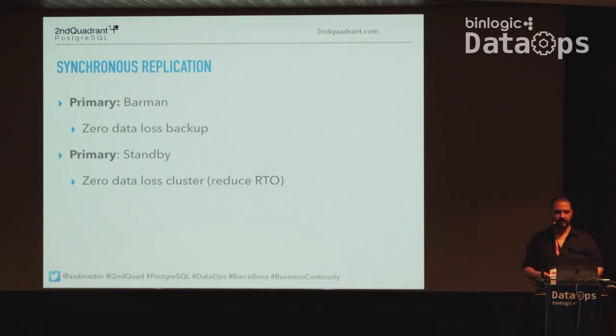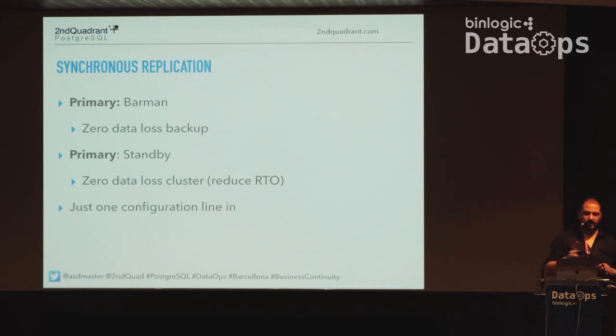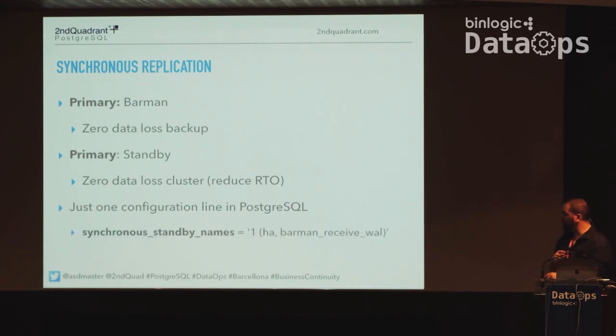It's a trade-off. And this happens only adding one line of configuration inside your Postgres configuration, that is this one. You specify that you want a synchronous standby on HA, that was our standby, and the barman_receive_wal, that was the replication slot used by Barman.